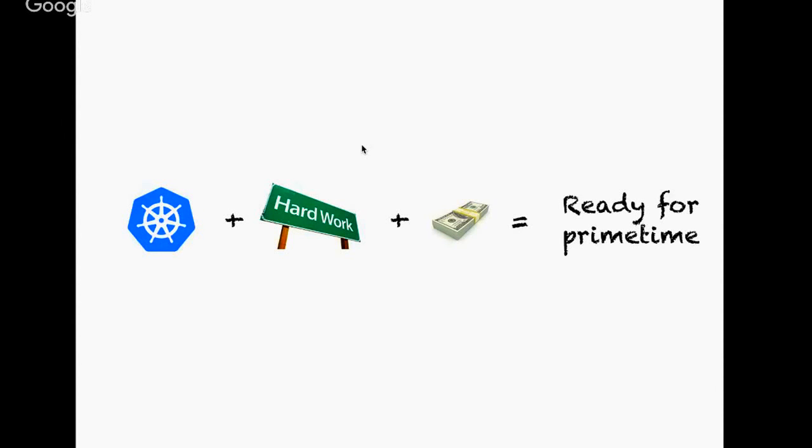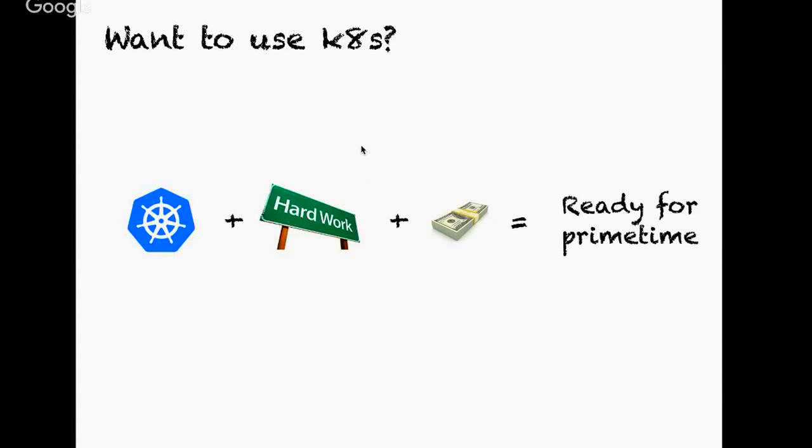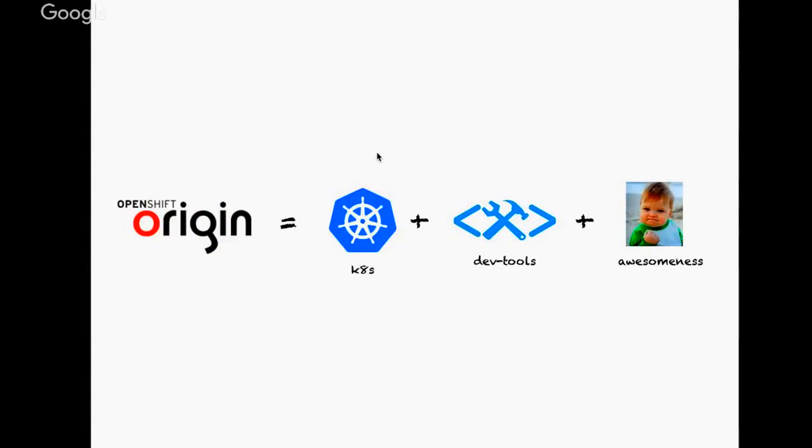You have to put a lot of effort, I would say, building tooling around Kubernetes, and then you put a lot of money, and then it becomes ready for using, right? Developers just cannot use Kubernetes out of the box. There is some effort that you need to put in to make it production ready. So this is what OpenShift is all about.